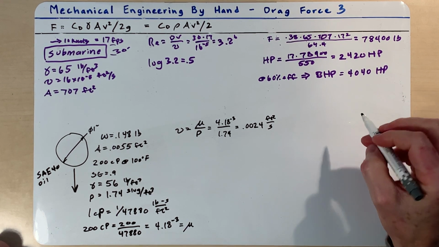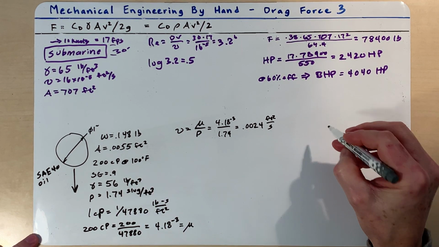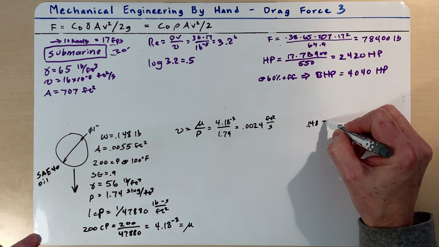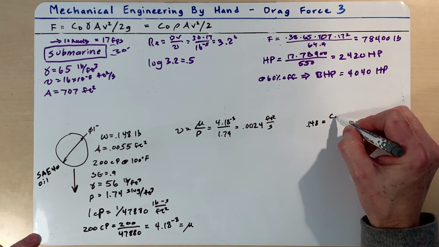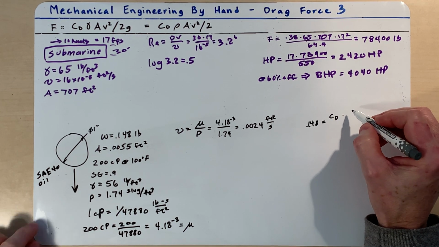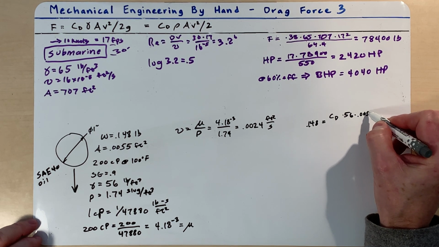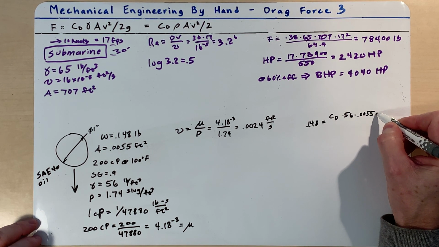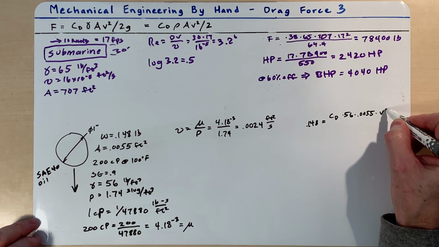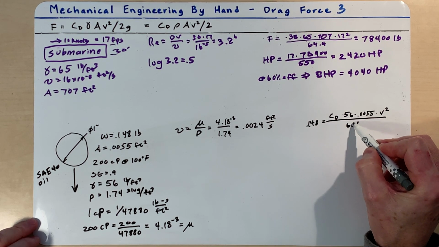Okay, so I'm going to jump over here to the drag force. We know the force is going to be 0.148 pounds. So 0.148 equals our drag coefficient times specific weight times the area times v squared, divided by 64.4.